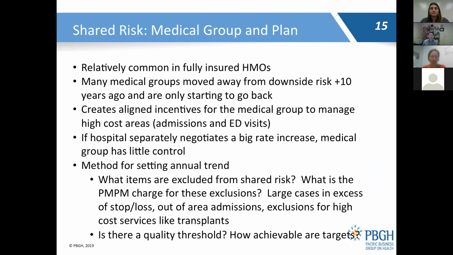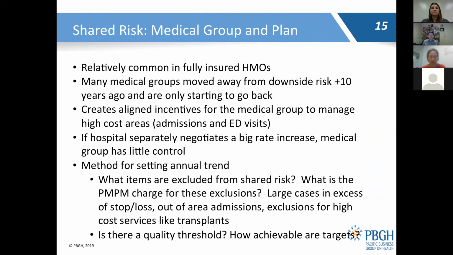And even if they manage utilization to a target, the total dollars may put them over the target budget because of the relative portion of the rate increase. So a key takeaway from this is, what is the method for setting the annual trend? Does it include the expected rate increase for the set of contracts that are up for renewal in a specific period? Does it exclude certain high cost elements?